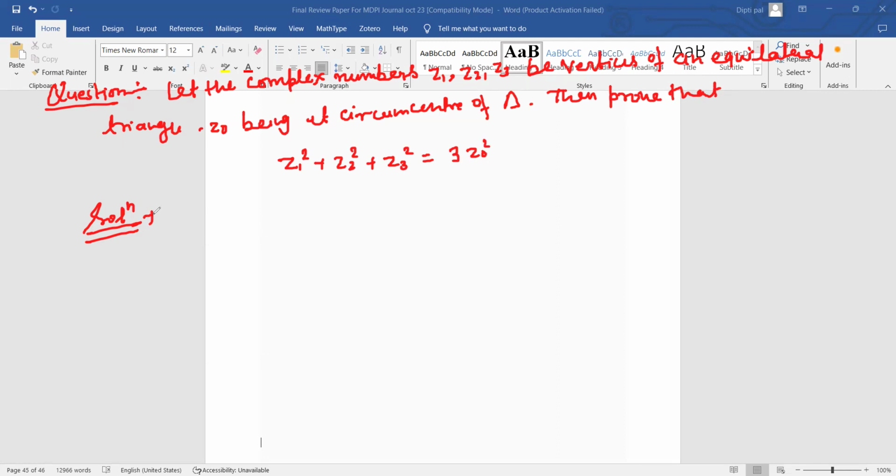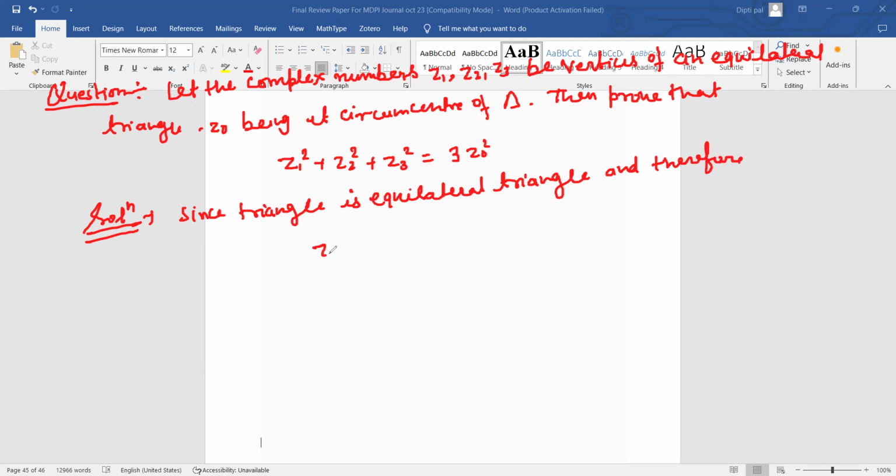Since the triangle is equilateral, its sides are equal, and there is a relationship for an equilateral triangle: Z1 square plus Z2 square plus Z3 square equals Z1Z2 plus Z2Z3 plus Z3Z1.